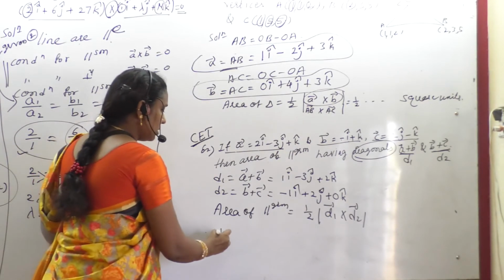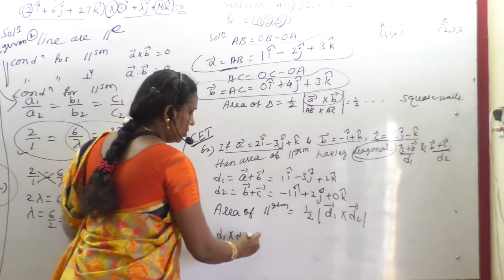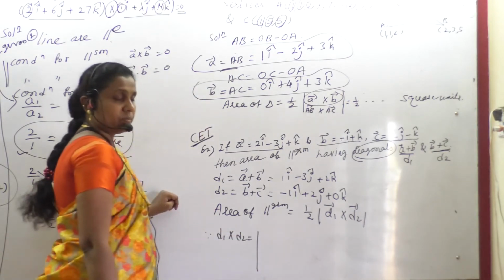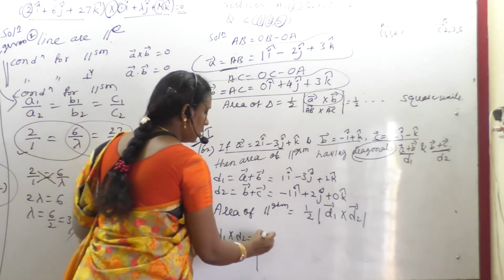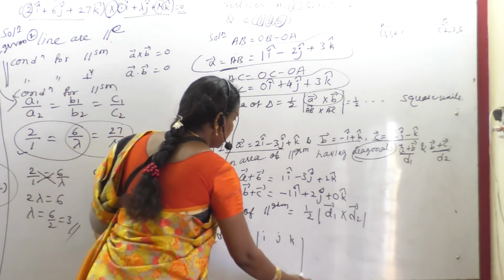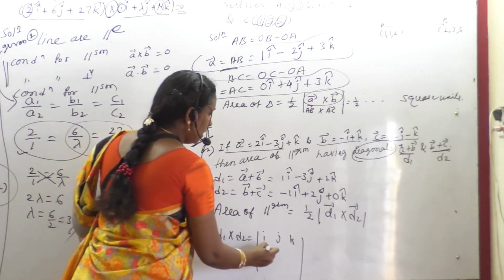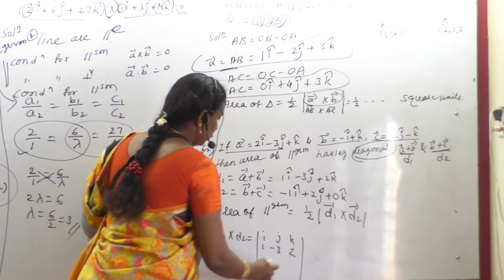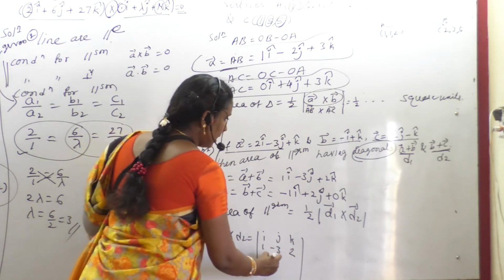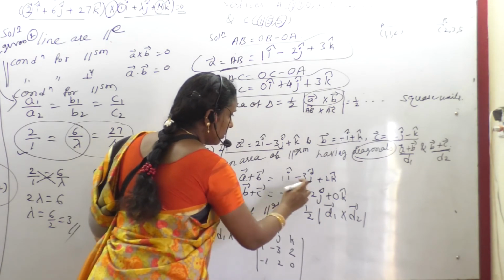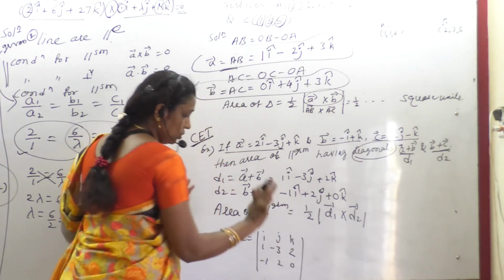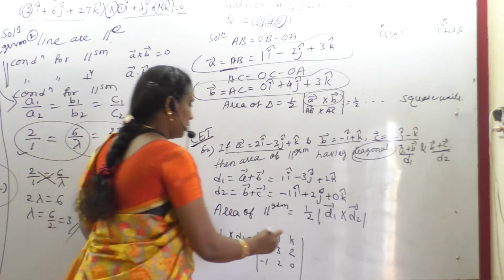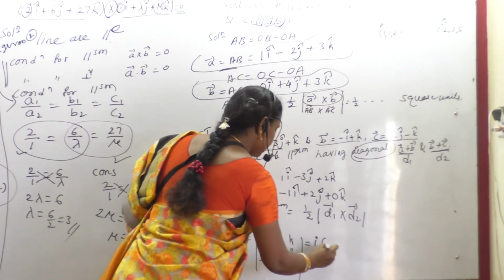D1 cross D2 is equal to, first row ijk, second row 1 minus 3 2, and here minus 1 2 0. 1 minus 3 2, minus 1 2 0. Yes. Super. Next i.